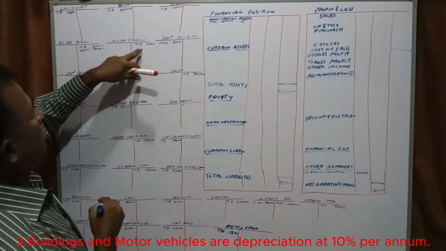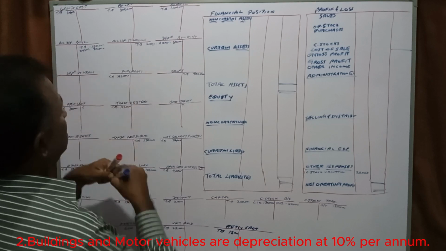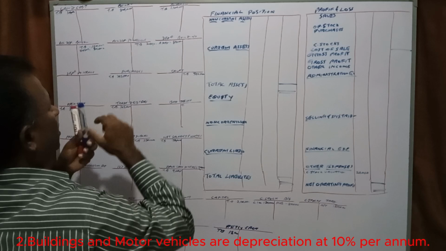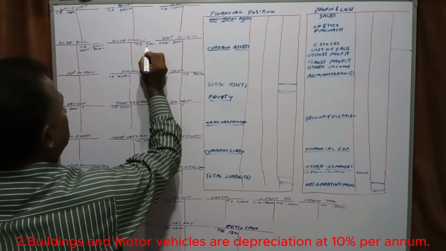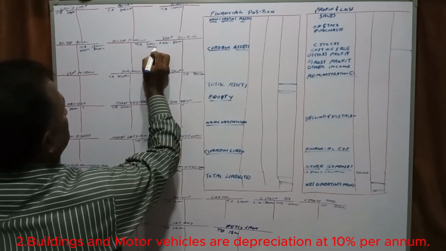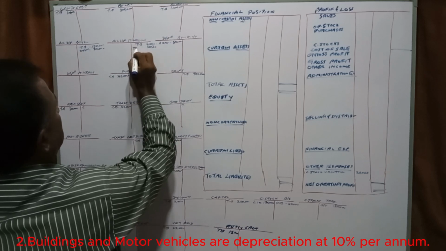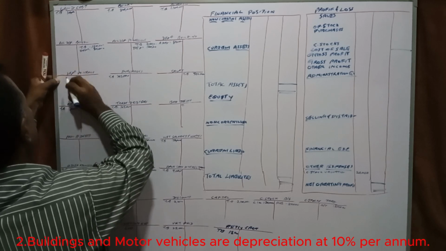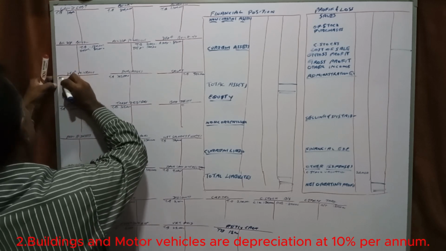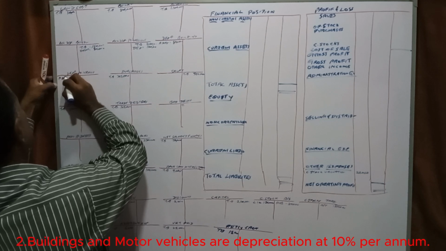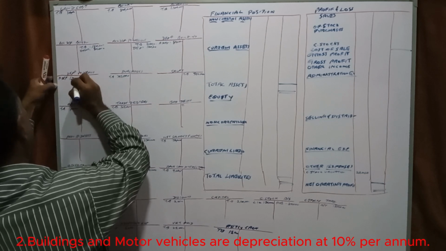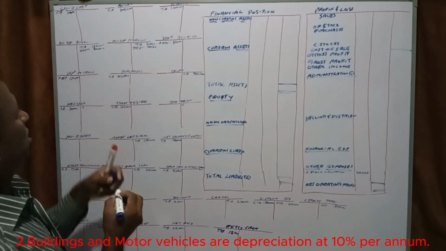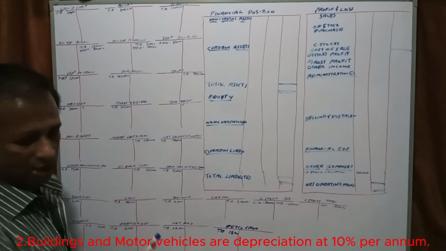Next, motor vehicles are also depreciated at 10%. The opening balance is 1,200,000, and 10% of that is 120,000. That goes to the depreciation account as a debit and is credited to the accumulated depreciation account.